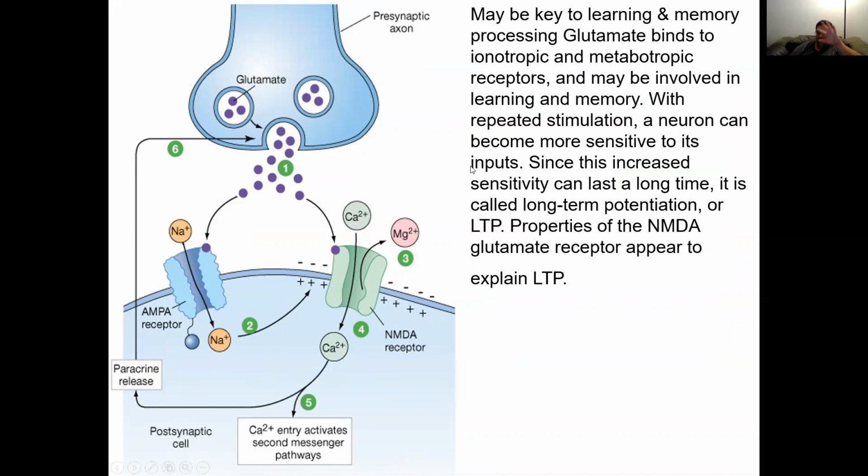Metabotropic means it's all the secondary pathways that take place that ultimately cause the synthesis of proteins or paracrines, maybe a little amino acid chain that can then travel back to the presynaptic neuron and form this stronger connection. I might see if I can find a video for you to watch for your homework to get that a little bit better.